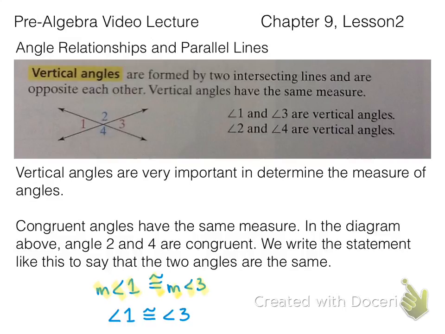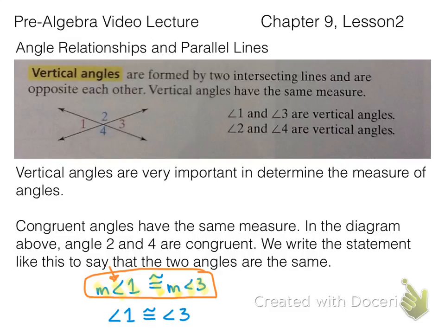That's how we write it out in this little code form, basically writing it out with symbols. Again, the measure, which is a little m, the measure of angle, and this is just a little angle sign, of angle 1 is congruent to the measure of angle 3.